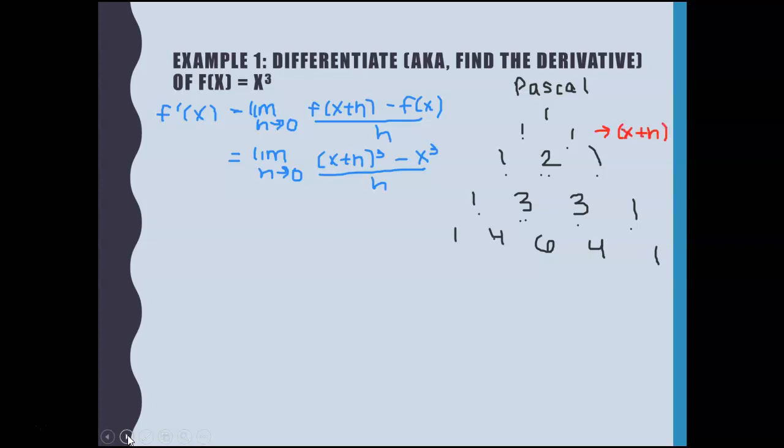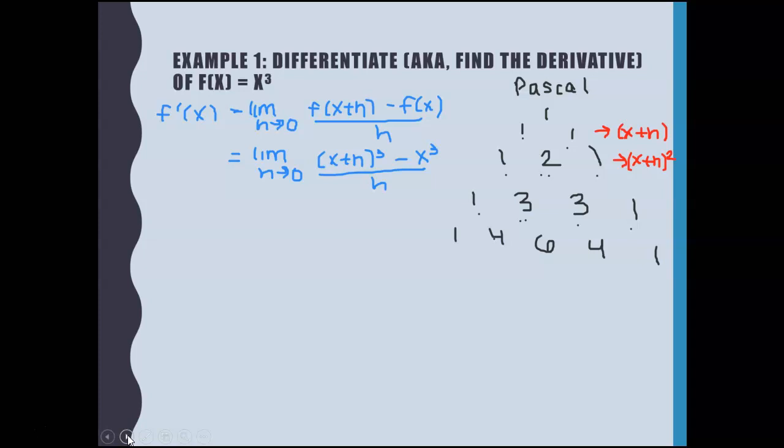The next row represents the coefficients of x plus h squared. Meaning if you expand x plus h squared, the coefficient of x squared is 1, the middle term is 2, and the last term is 1.